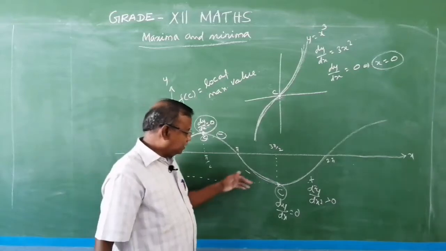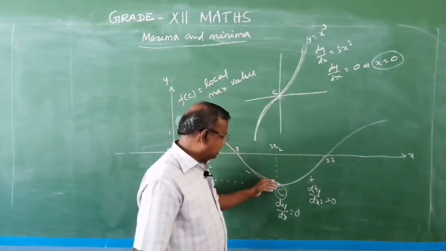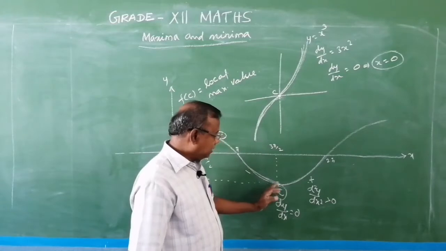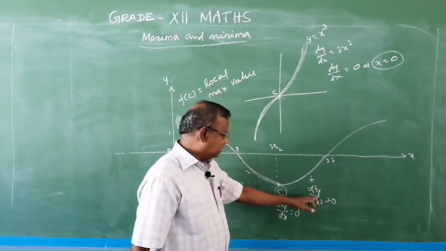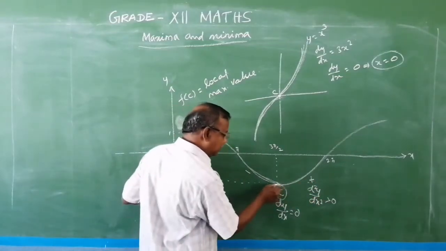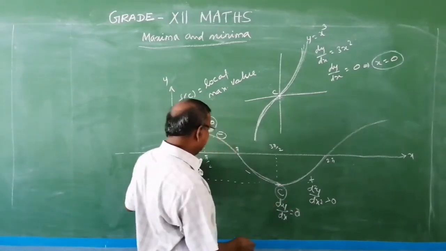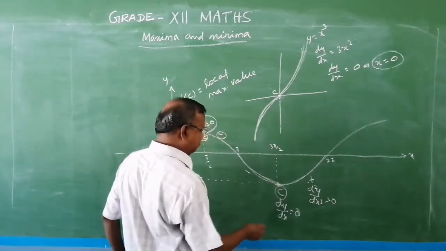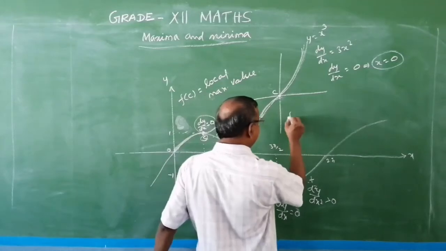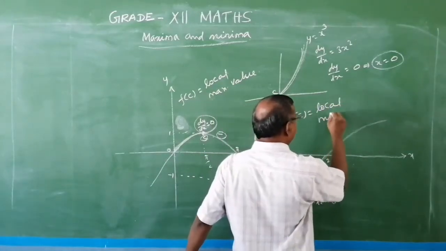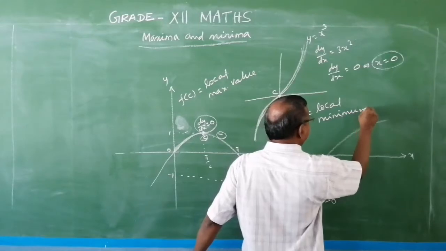So, if a function first decreases then increases, at one point the derivative should be 0, and the second derivative being greater than 0 shows the point where the derivative is 0 is the local minimum point. Here the point is a local minimum point, and at that point f of C is the local minimum value.